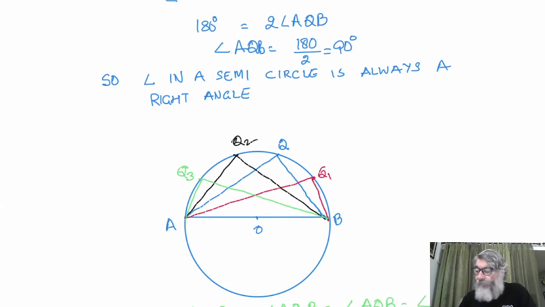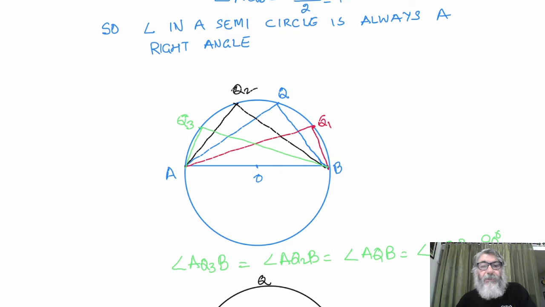That is why AQ3B is equal to AQ2B is equal to AQB is equal to AQ1B. That theorem is applied here. And we have also applied that the angle subtended by an arc at the center is double the angle it subtends at the remaining part of the circumference.